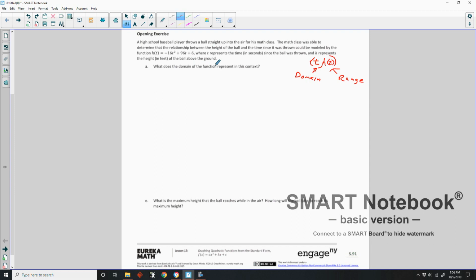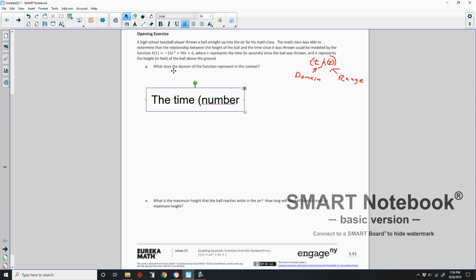So what does the domain of the function represent in this context? It's the time, number of seconds, since the ball was thrown.